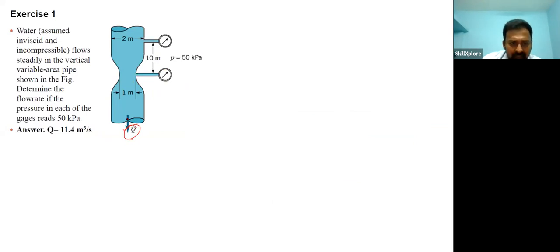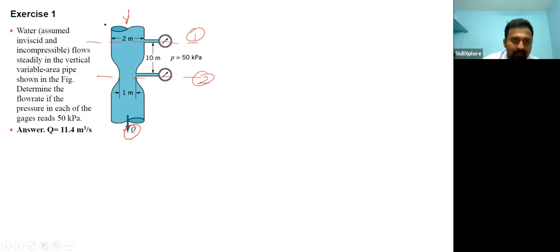Since the flow is flowing downward, consider this section as section 1. Always consider the fluid entry as section 1, and this as section 2. Remember that if any problem is given like this, don't take this point as section 1 and this point as section 2. The fluid flows from this side.